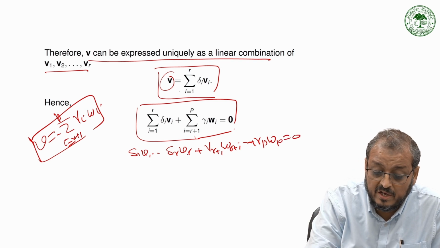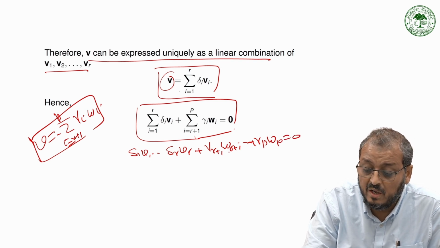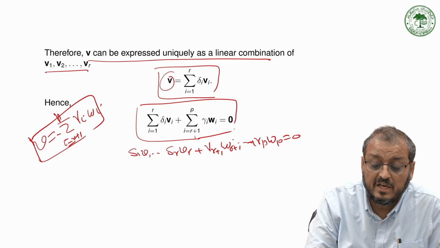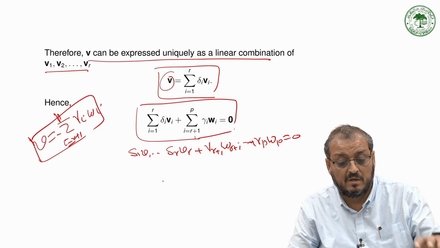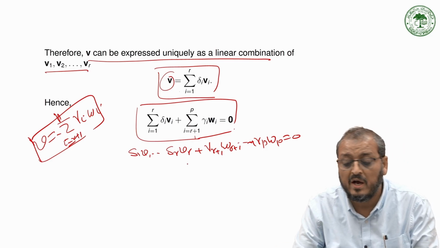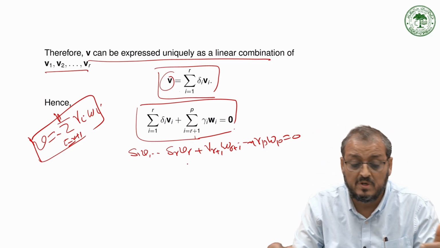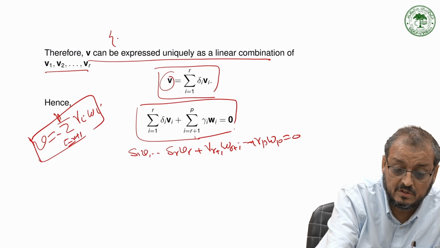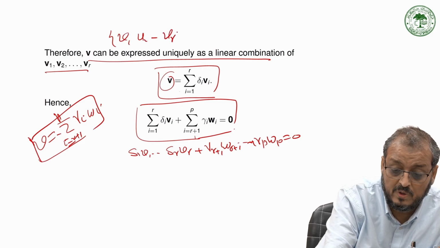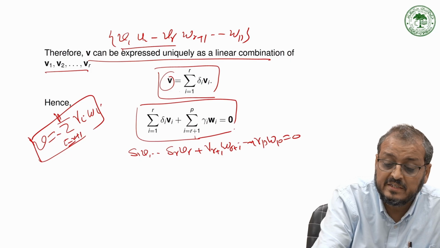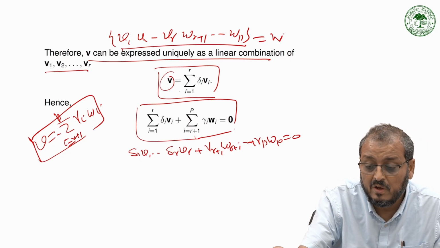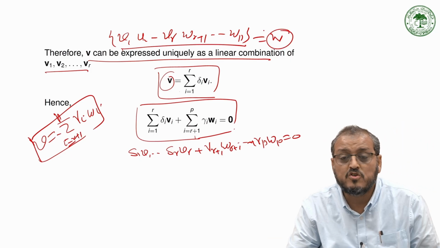Now v1, v2, up to vr, w r plus 1 up to wp are elements of W, and they form a basis of the subspace W.